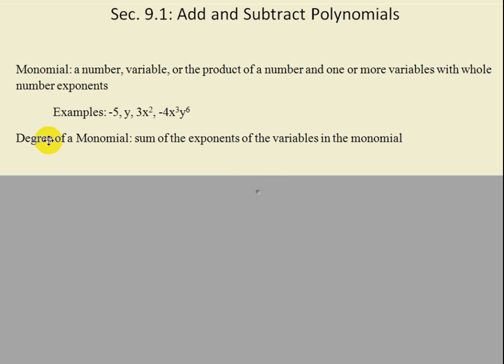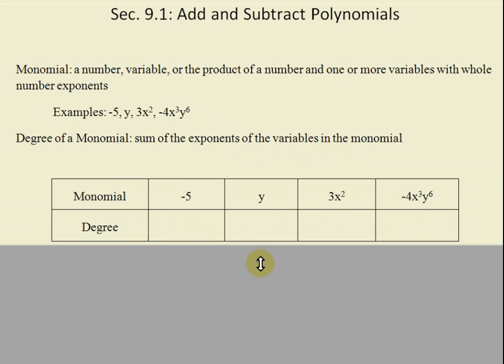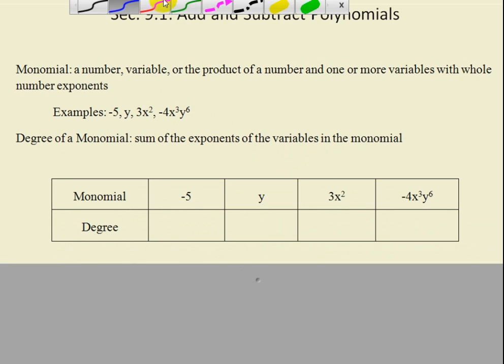Now sometimes we want to talk about the degree of a monomial, and this is the sum of the exponents of the variables in the monomial. So for example, when you look at -5, just a constant by itself, there is no variable, so if you wanted you could say that's -5 times x to the 0 power, but at any rate the sum of all the exponents is 0 because there are no exponents.